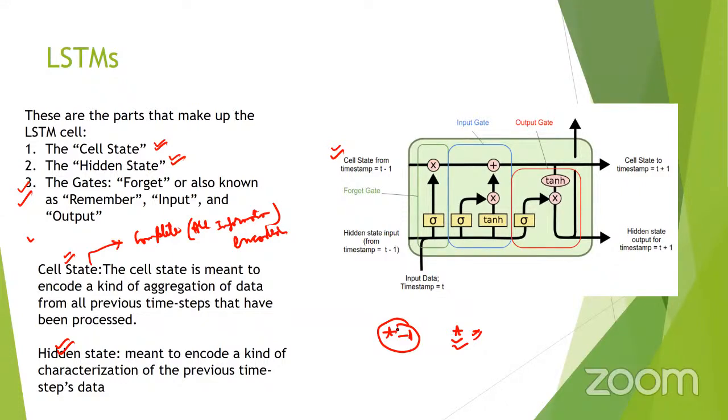It is the encoding of your recent time step data. So hidden state: recent time step, and cell state: all previous time steps.